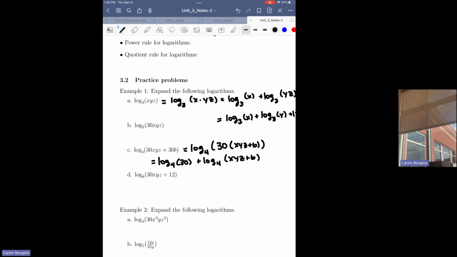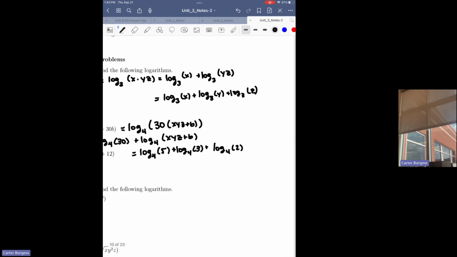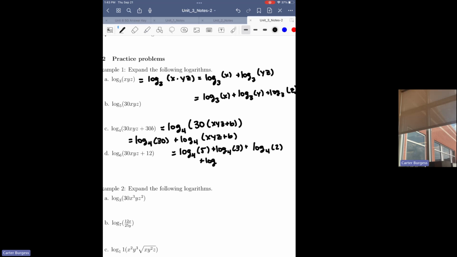And so what does this end up being? Well, if we're looking at 5, 3, and 2, it is going to be log base 4 of 5 plus log base 4 of 3 plus log base 4 of 2, plus log base 4 of this thing that we actually can't really do anything about, this xyz plus b.